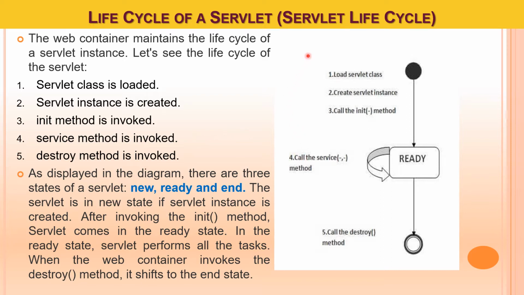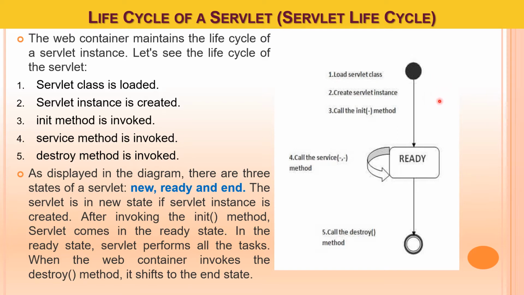As on the right hand side, the diagram shows these three states of the servlet, that is the new servlet, the ready servlet, and the end. The servlet is in the new state if the servlet instance gets created.